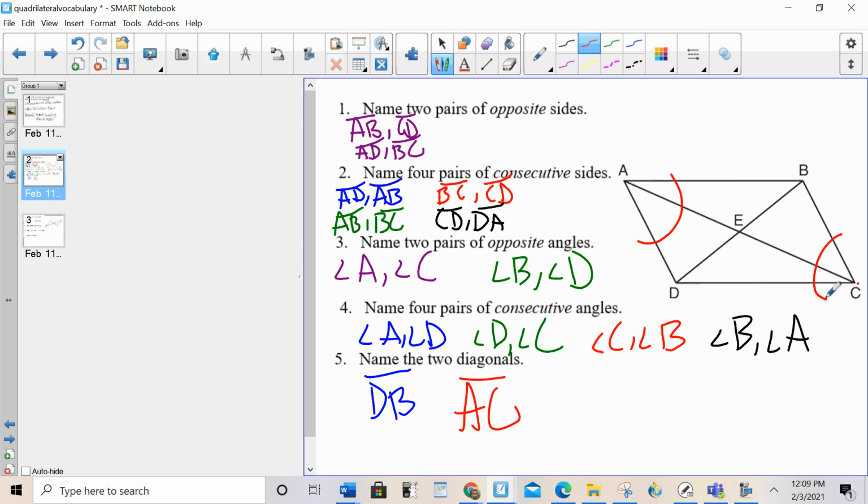A and C are opposite angles. B and D are opposite angles. Consecutive angles are angles that touch. So A and D, D and C, C and B, B and A are consecutive angles. And diagonals are the diagonal lines that connect the vertices. AC is a diagonal, DB is a diagonal.